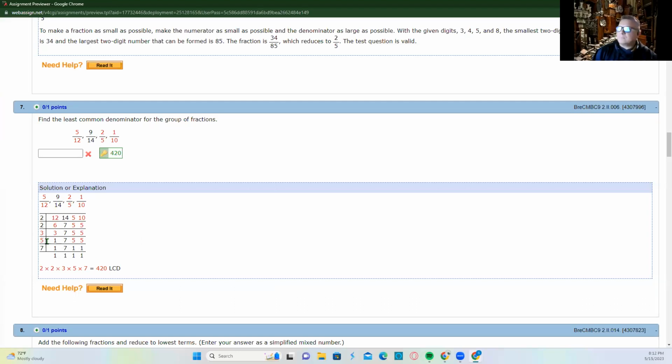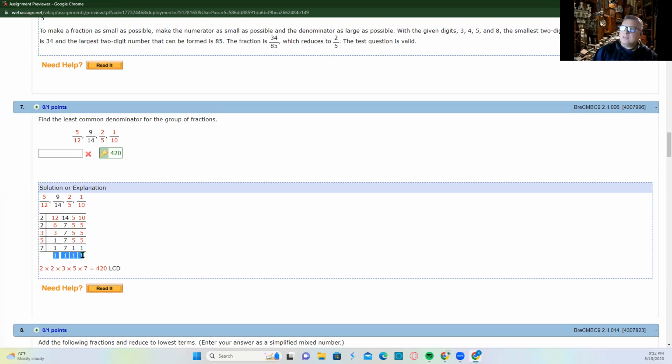Now 5 will go into the 5s evenly. So 5 will not go into 1, 5 will not go into 7, 5 will go into 5, 5 will go into 5. So it's 1, 1, and 1. We drop our 7 down, and we do it one more time. We can use 7. 7 can't go into 1, but 7 will go into 7 one time.